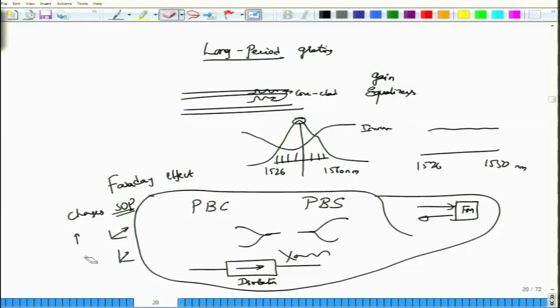It will do one more 45 degree rotation, and then you will get light which is horizontally polarized. So, you started off with a vertical polarization, you got a 45 degree polarization, but when you take the same 45 degree polarization and pass it through the device in the backward direction, it will turn out to be a horizontal polarization. Which means that the state of polarization rotates only in a given direction, it does not reverse the direction.